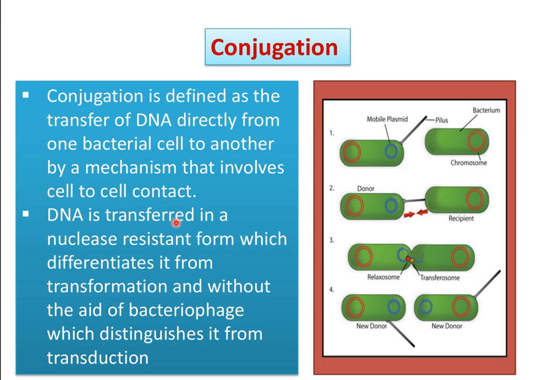The DNA is transferred in a nuclease-resistant form, which differentiates it from transformation, and without the aid of bacteriophage, which distinguishes it from transduction. So this is how conjugation takes place.